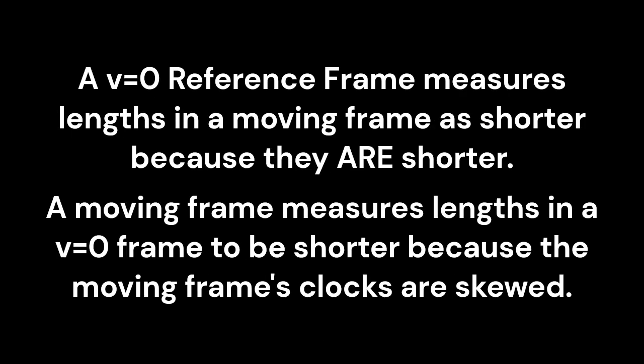A v=0 reference frame, in other words, a reference frame that happens to be not actually moving through space, will measure the lengths in a moving frame as shorter than their own because they actually are shorter in the state universe sense. They are occupying a shorter distance in terms of Planck lengths. But a moving frame measures lengths in a v=0 frame to be shorter than their own because the moving frame's clocks are skewed.